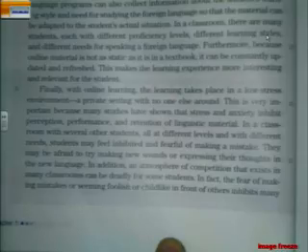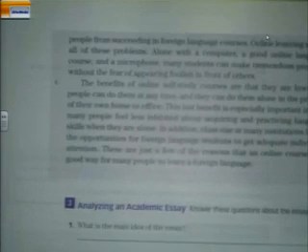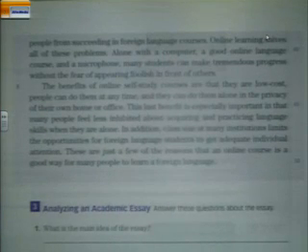In addition, an atmosphere of competition that exists in many classrooms can be deadly for some students. In fact, the fear of making mistakes or seeming foolish or childlike in front of others inhibits many people from succeeding in foreign language courses.